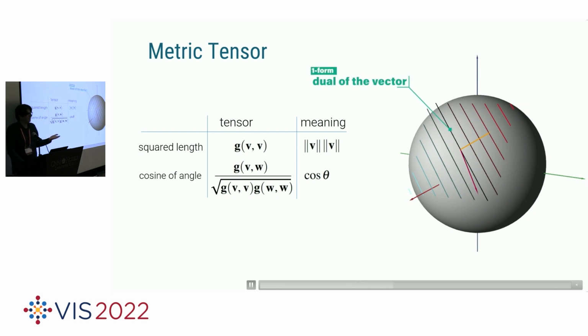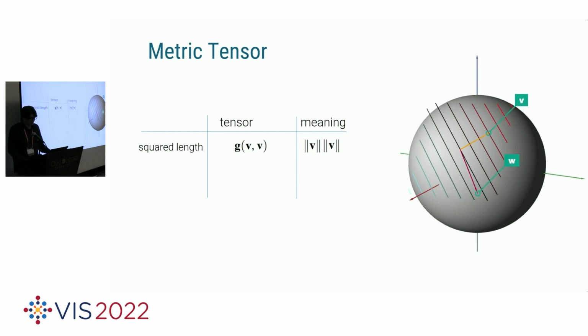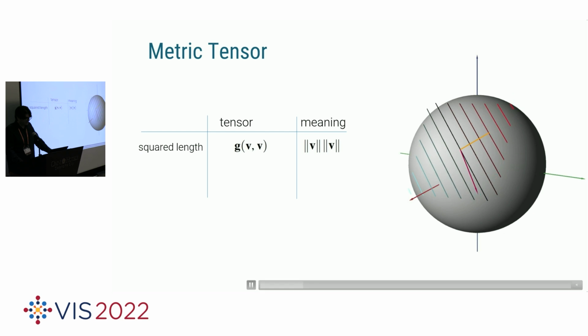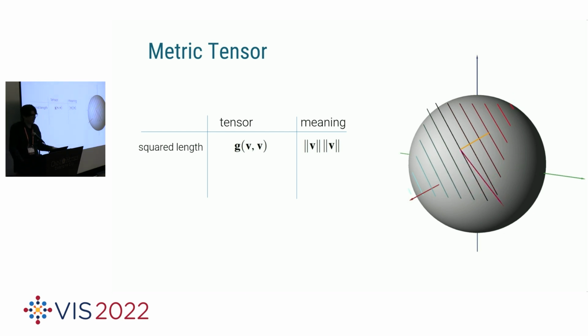Now we have this stack of isolines again, and we can use that to evaluate the second vector. The second vector here is this w. And now we can check for this first vector v how the inner product would evaluate between these two vectors by just reading off from the one form again.